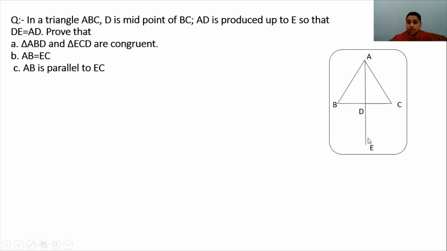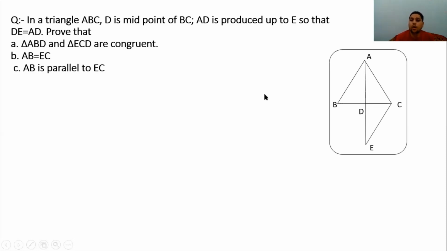This distance DE is equal to AD, this is given. Now what we have to prove? We have to prove that triangle ABD and triangle ECD are congruent.